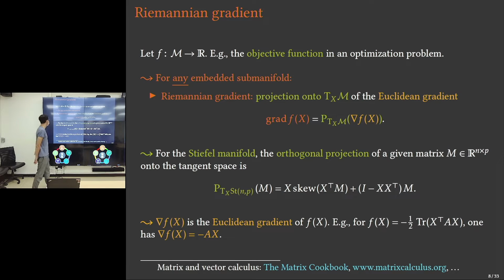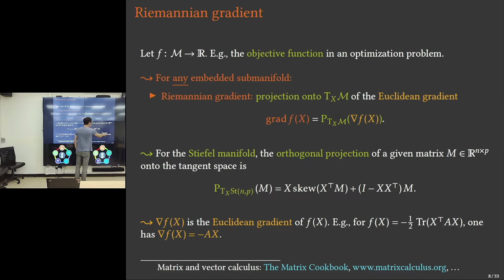And as I said, nabla f of x, the gradient of f of x, is the Euclidean gradient of f. For example, if you have a matrix function like this one, this was the function coming from that talk that I gave on federated learning. This is the KPCA objective function.